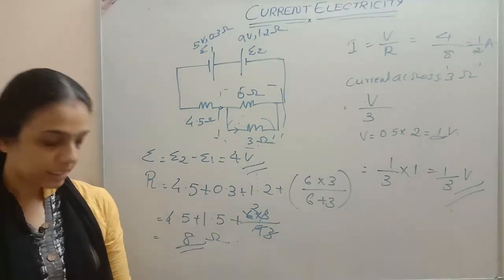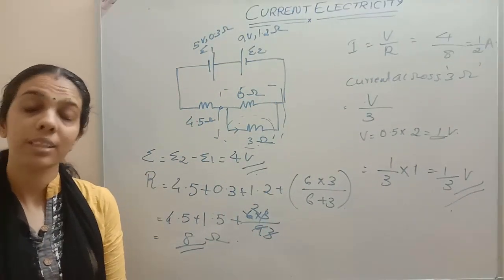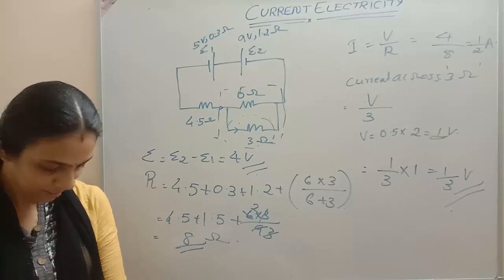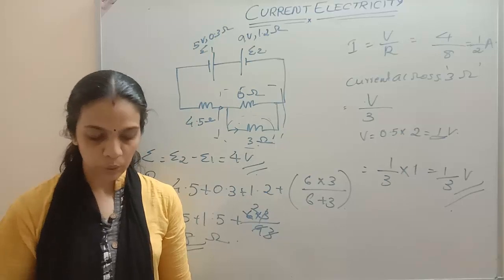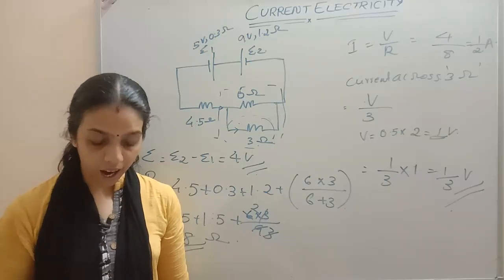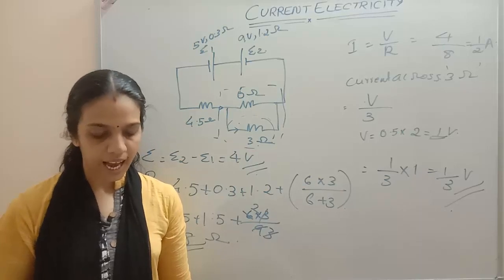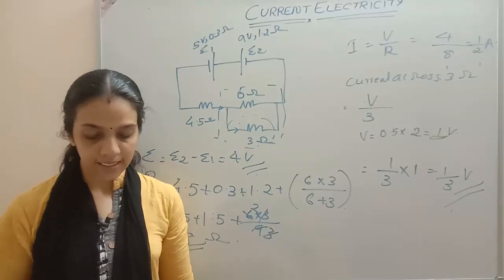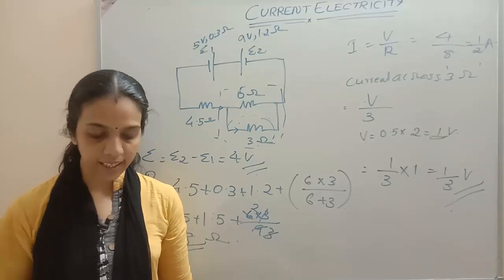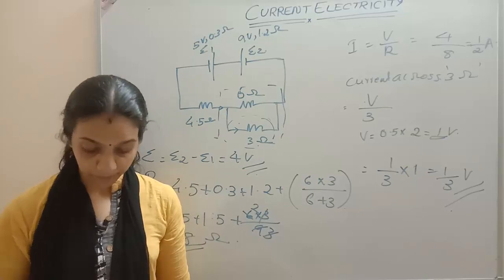I'll give you one more question that you can try to do as homework. A student connects a cell of EMF E2 and internal resistance R2 with a cell of EMF E1 and internal resistance R1 such that their combination has a net internal resistance less than R1.